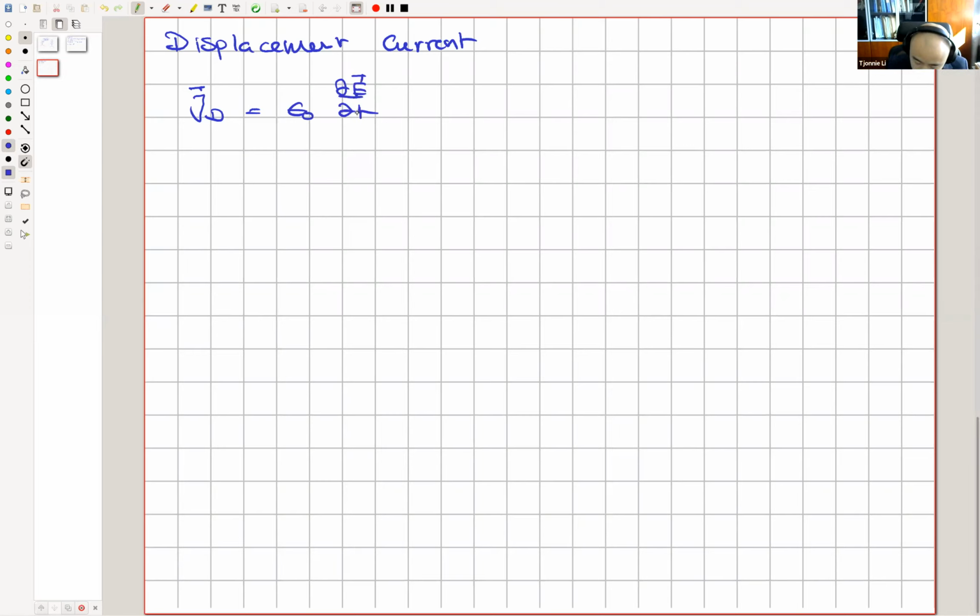Okay? This is, let's say, a hypothetical current associated with a change in the electric field. And this term here basically does two things. It basically restores the symmetry to Maxwell's equations.